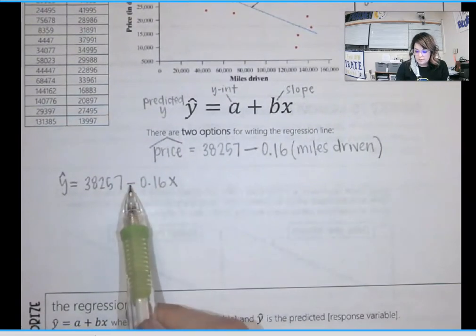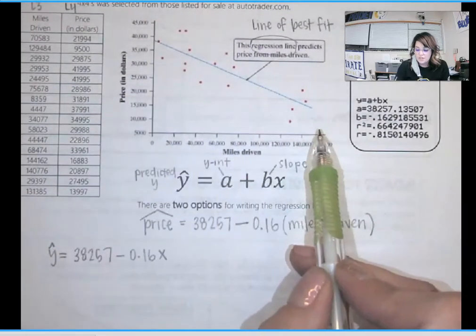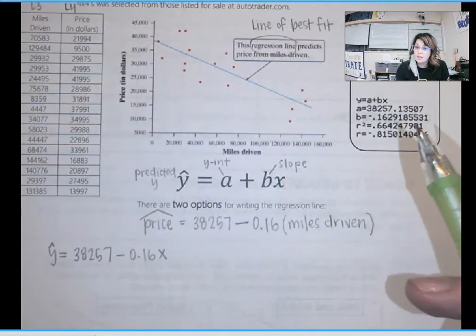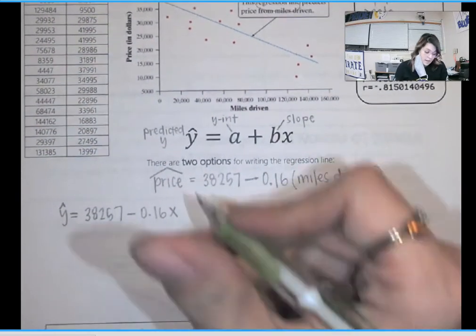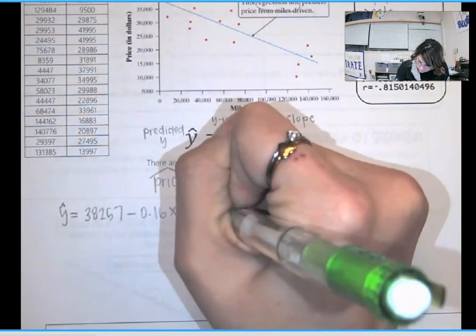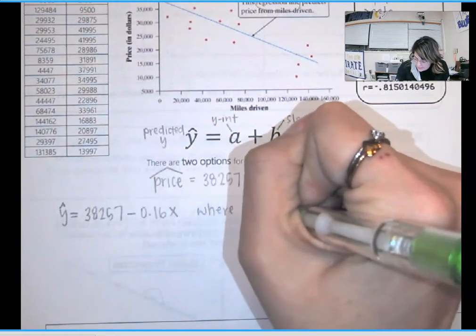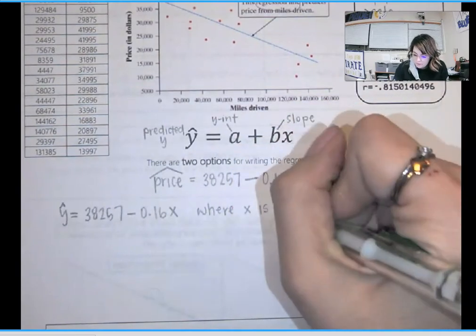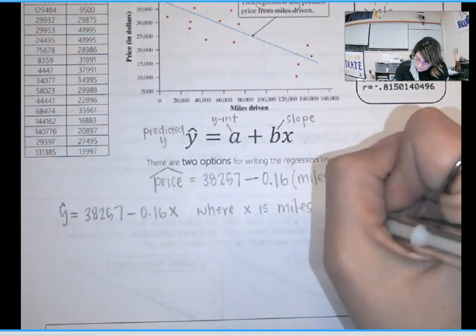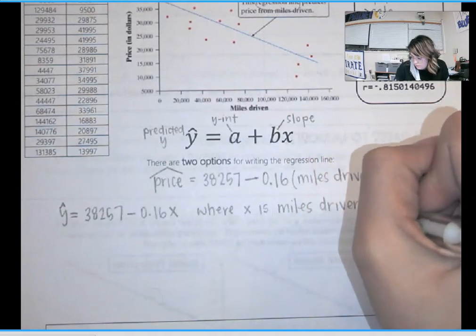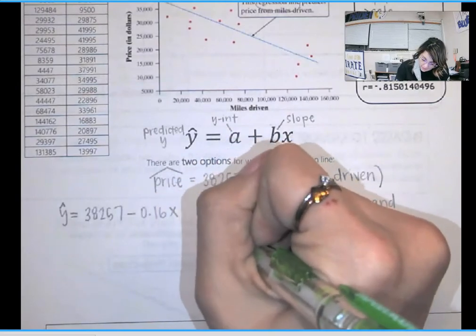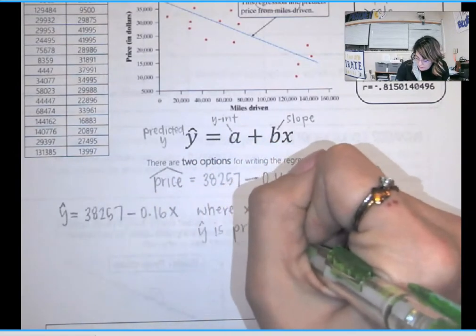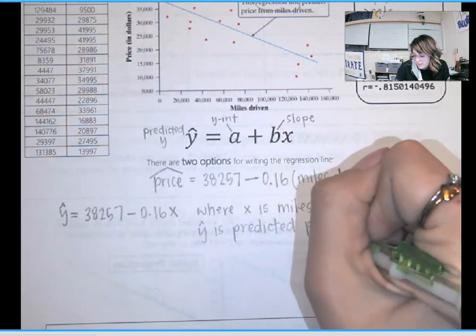And just as a reminder, this minus is because the slope was negative and the relationship is negative. If it would have been positive, we would have put a plus sign there. And now we have to say where x is miles driven and y hat is predicted price.